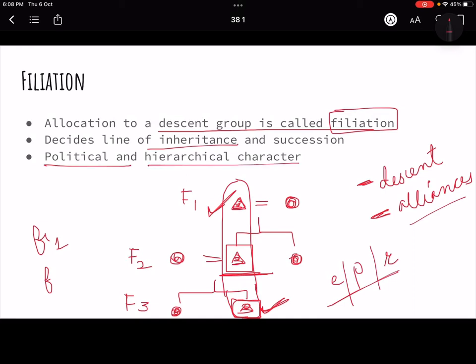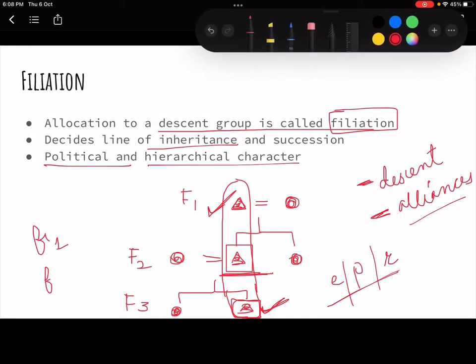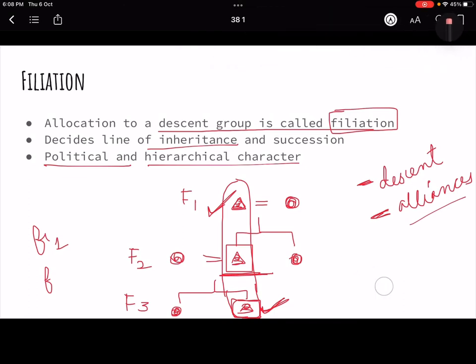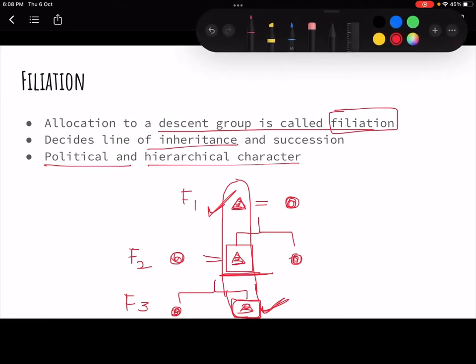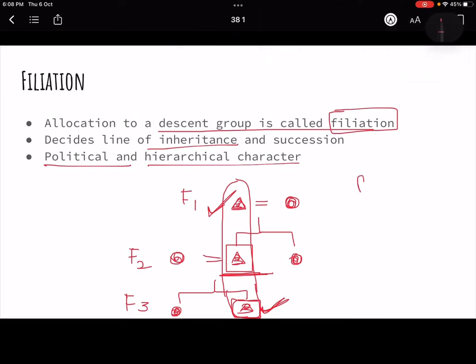Obviously, we try to understand this with an example. For example, this is a political family, a dynasty, which rules, okay? The father was a king. So of course after him, who will inherit or who will become the next king? It would be his son, right?